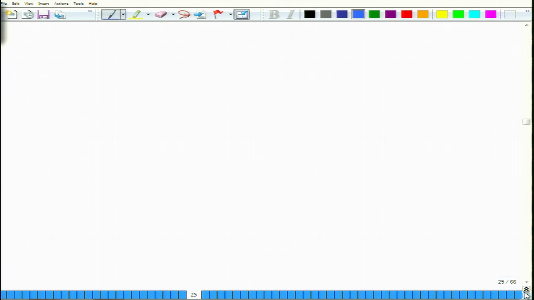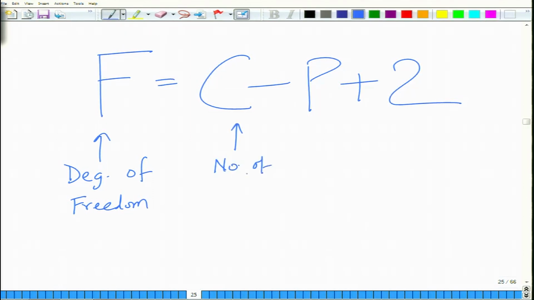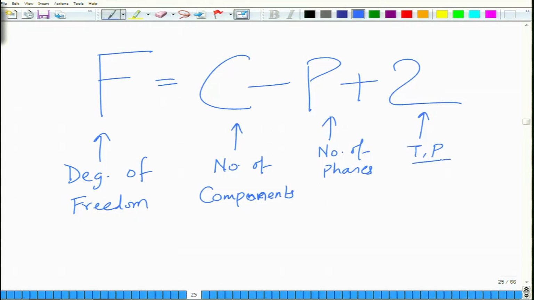So the Gibbs phase rule is given as F is equal to C minus P plus 2. This is the degree of freedom, which means the number of independent variables; C is the number of components, P is the number of phases, and the 2 is temperature and pressure, two extra variables.